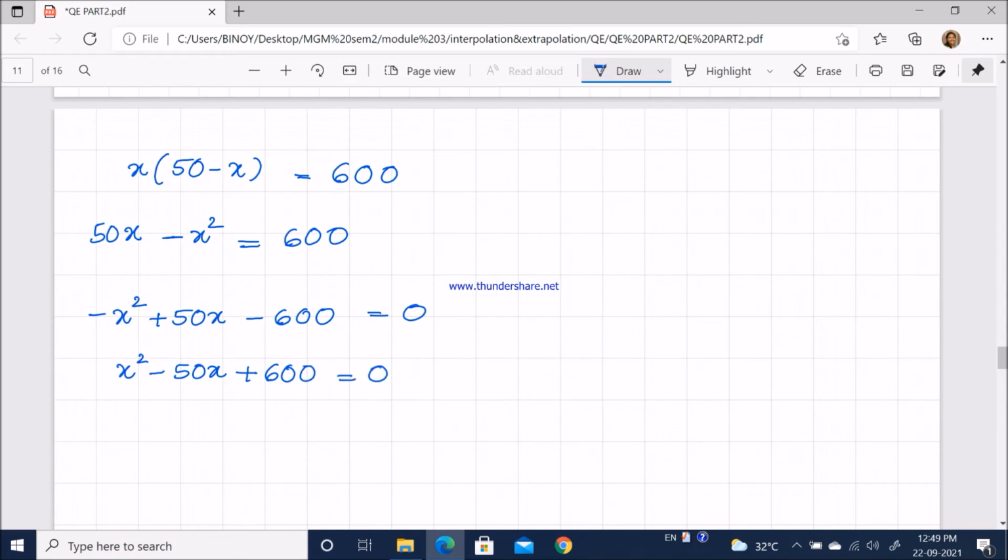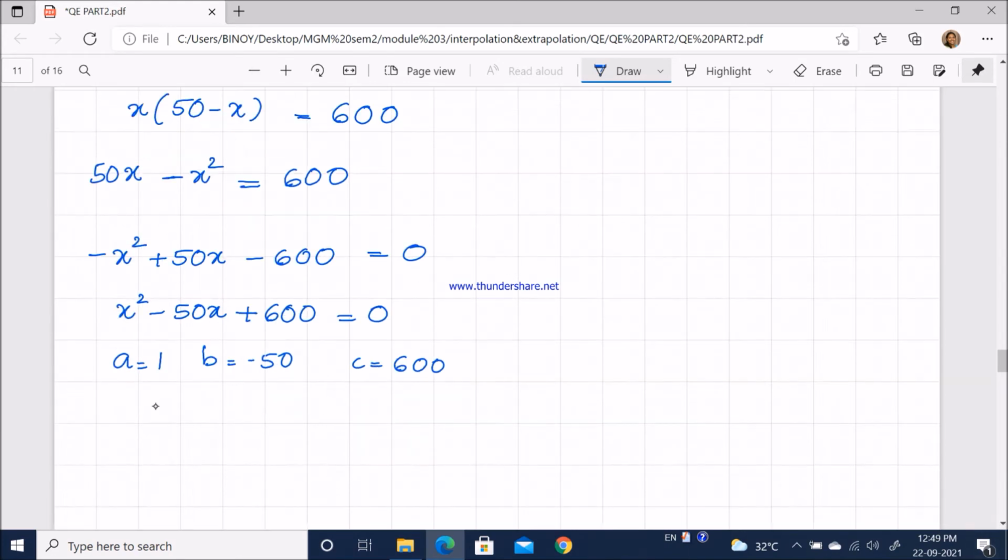By using this, we need to find the roots. So a is equal to 1, b is equal to minus 50 and c is equal to 600. The product ac is 600 and the sum is minus 50. So it is minus 30 and minus 20.